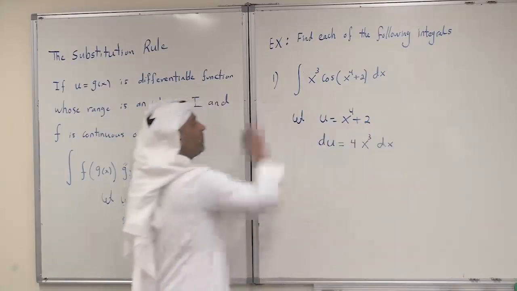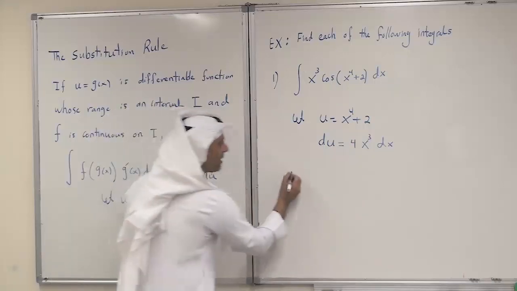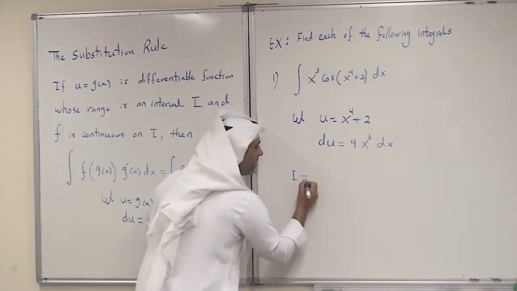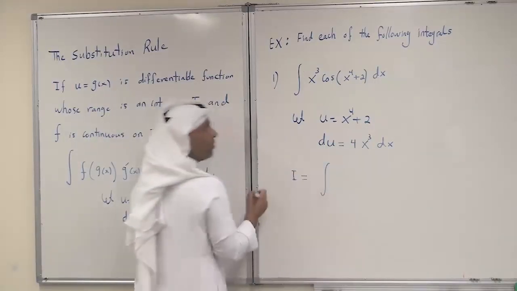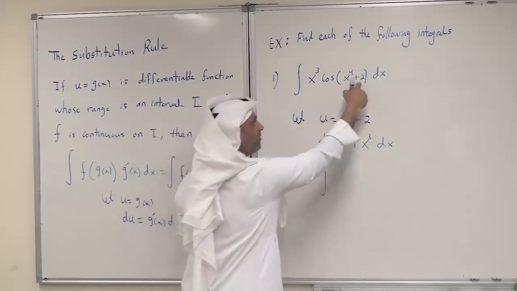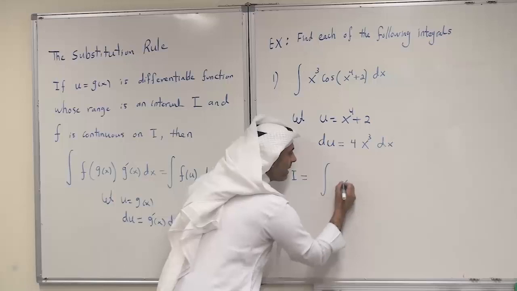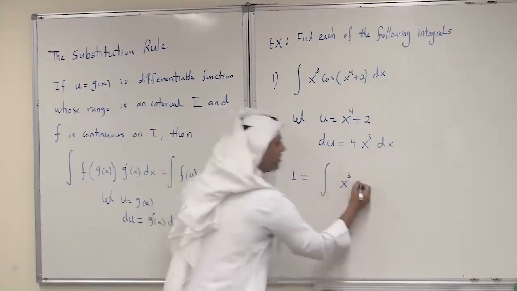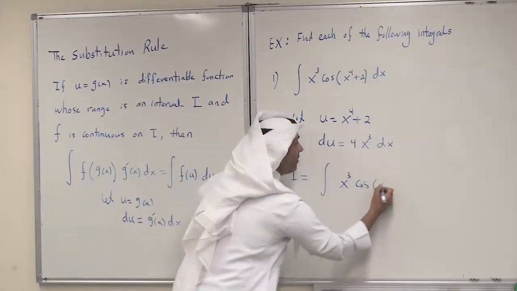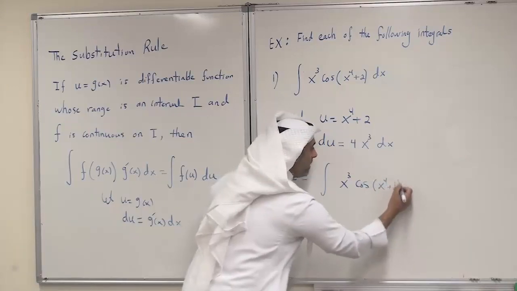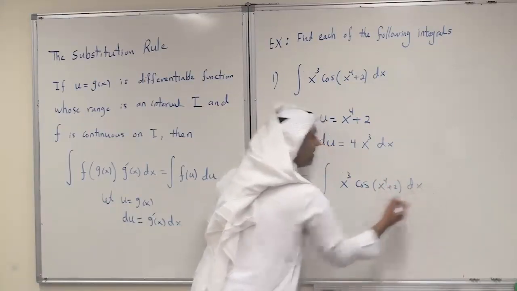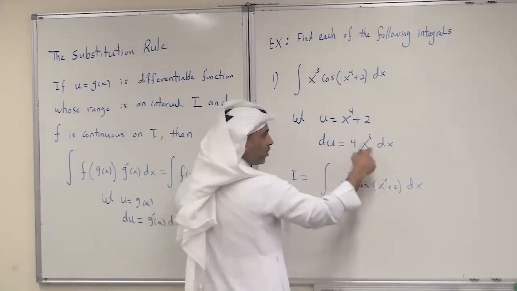Now let us go back to our integral. Our integral says you need to integrate x cubed cosine of x to the 4 plus 2 dx. I will not substitute directly, rather I will simplify first. Now what I need here is 4x cubed dx.